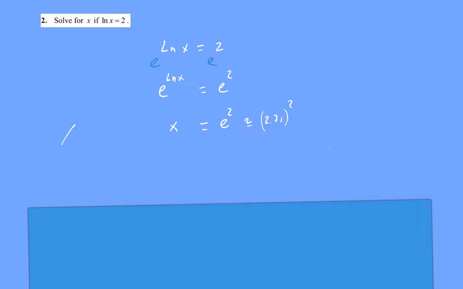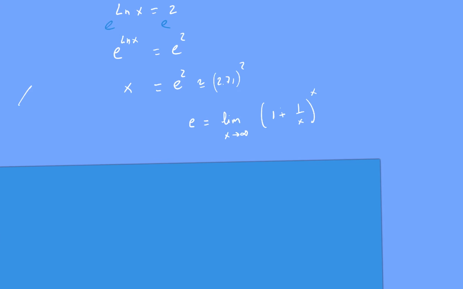Remember that the definition of the number e is that e is the limit when x tends to infinity of 1 plus 1 divided by x, raised to the power x.